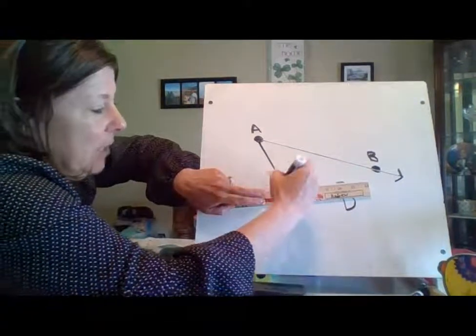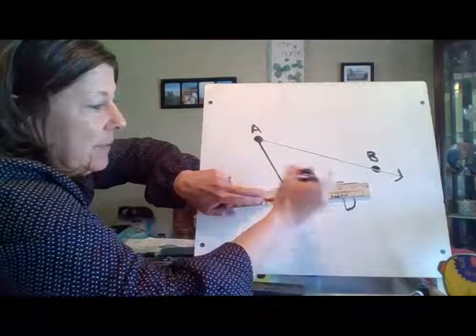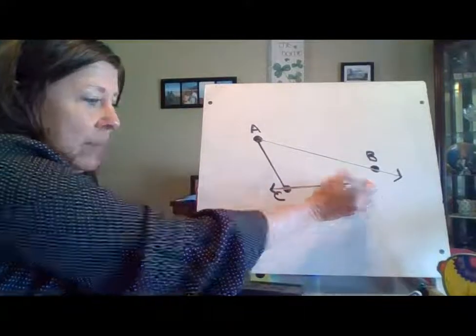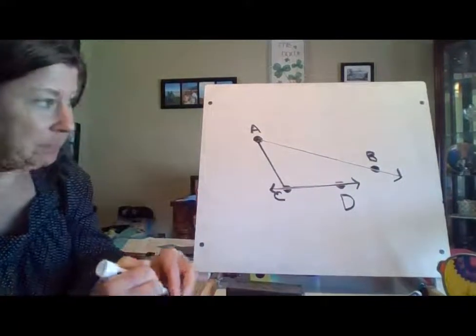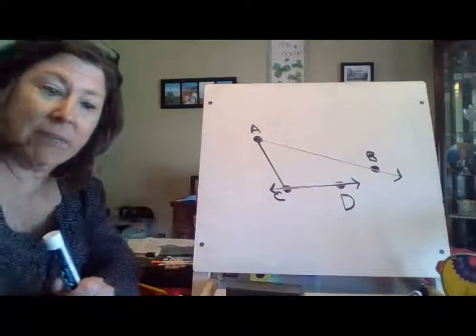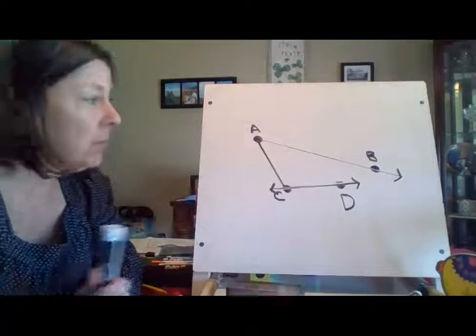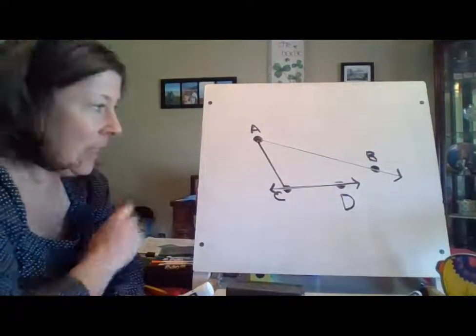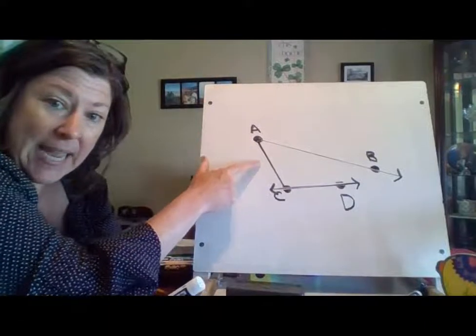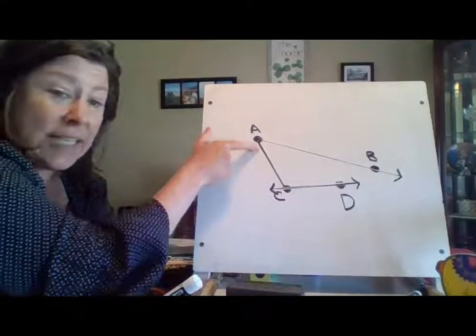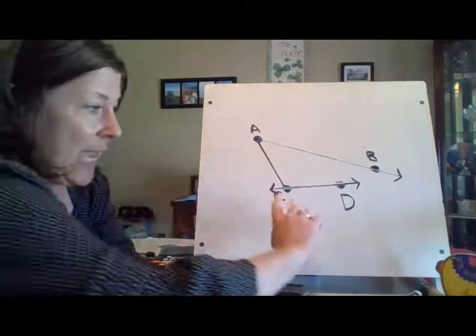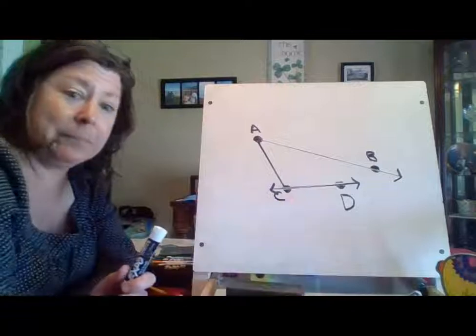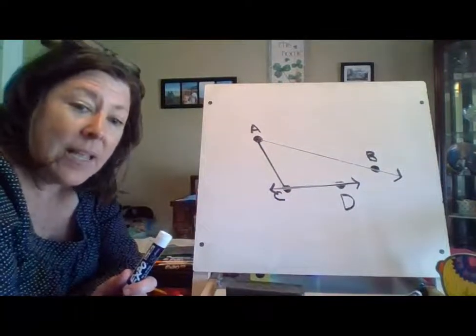So that means I'm going through both points and putting my arrows, showing what I have here. So I have ray AB, I have segment AC, or I can call it CA, and then I have line CD, or I can call it DC.